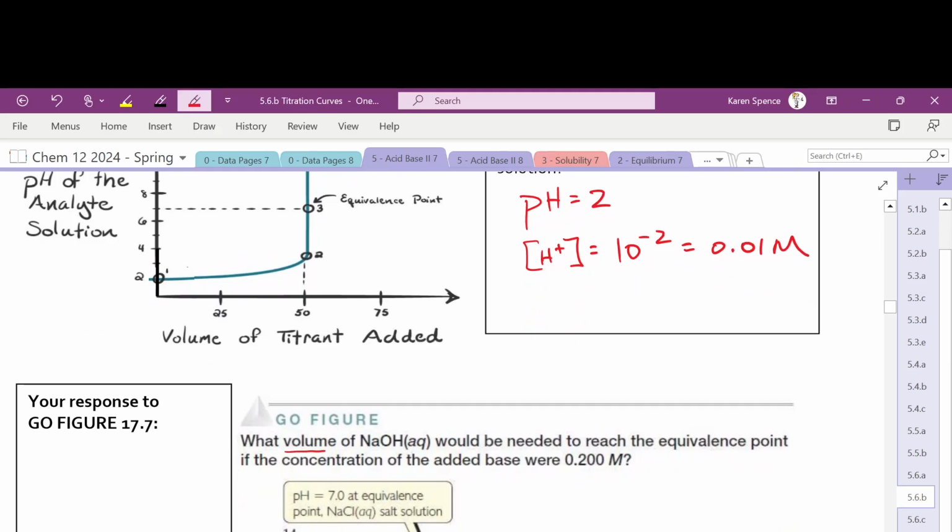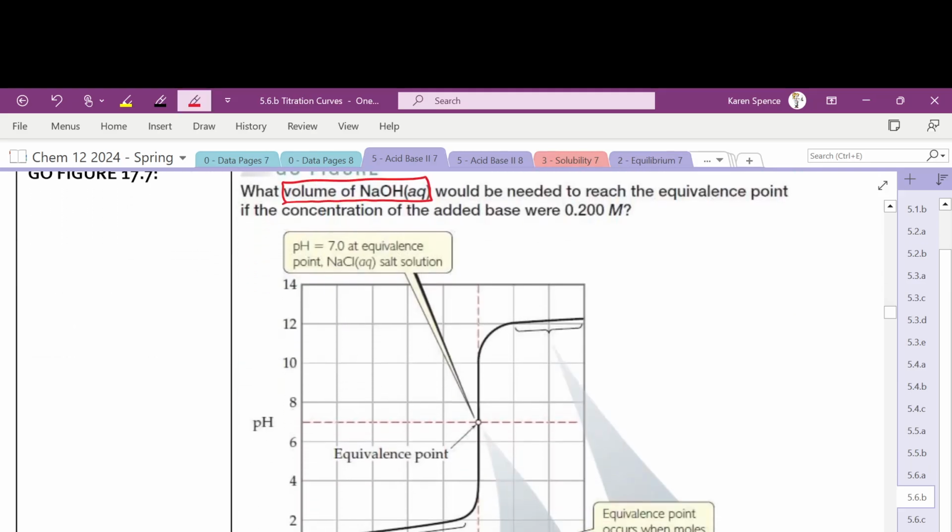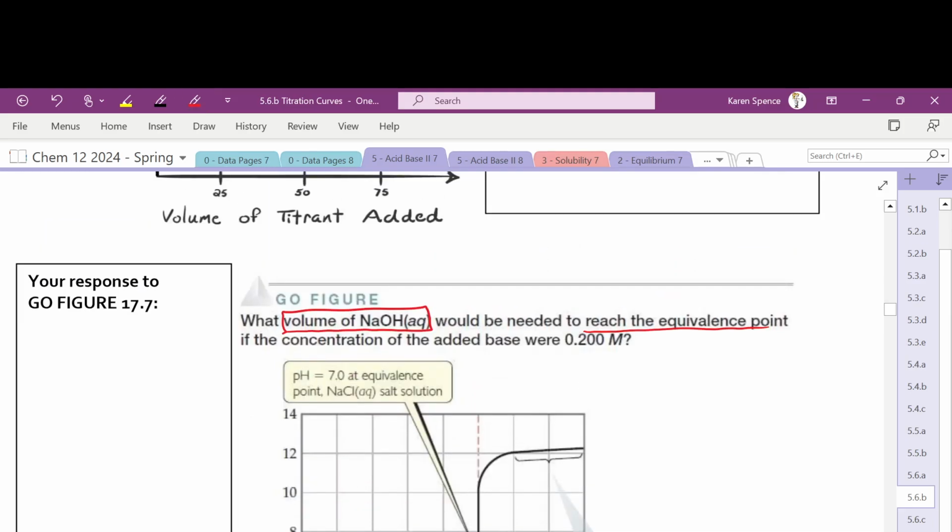What volume of NaOH, and NaOH is what we are adding, would be needed to reach the equivalence point if the concentration of the added base were 0.2 molar?